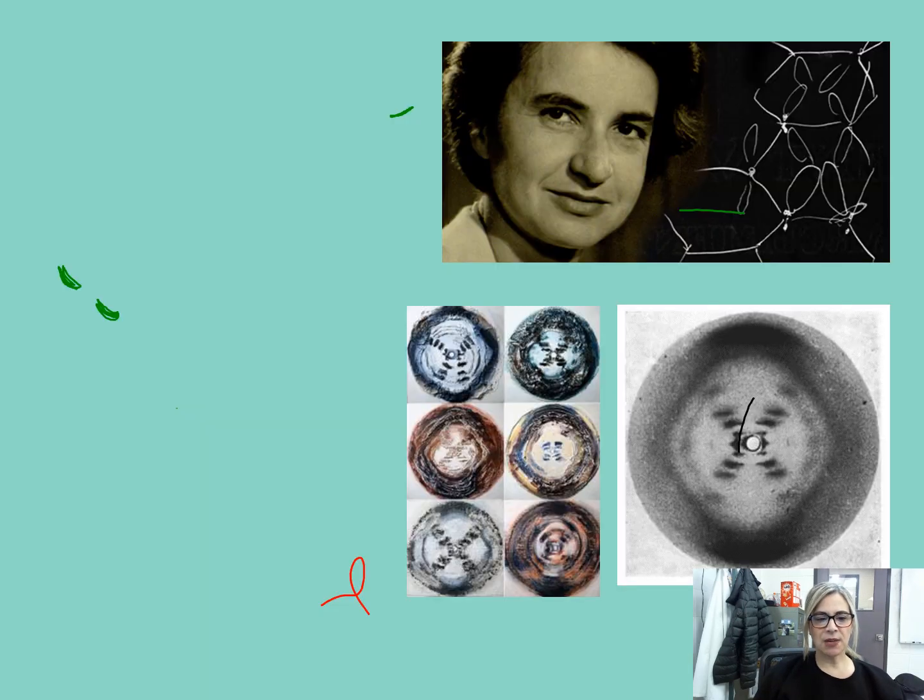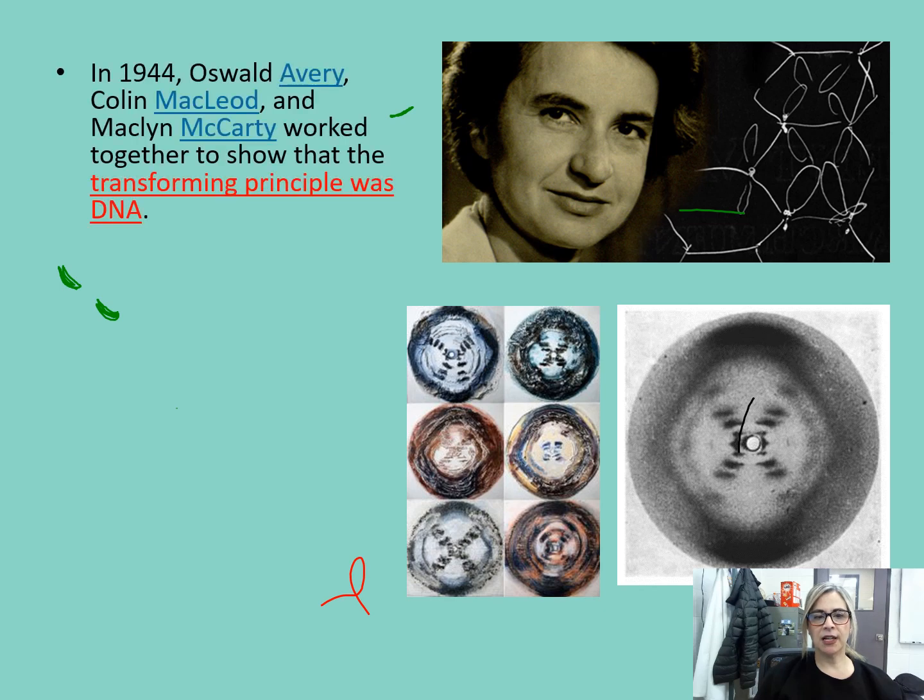If we take a look at some of the main players in the history of DNA, there's a couple of different ones that are of significance. Obviously, thinking about genetic material and the discovery of inheritance goes back much earlier than 1944, but this is our starting point for this unit.